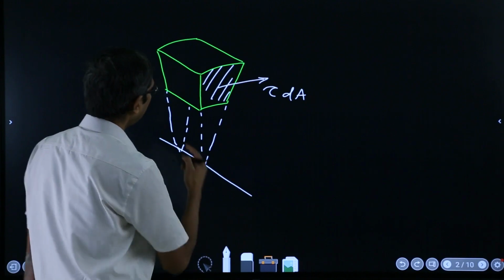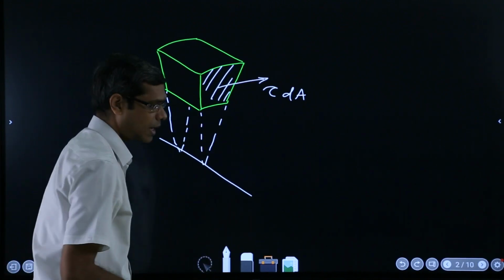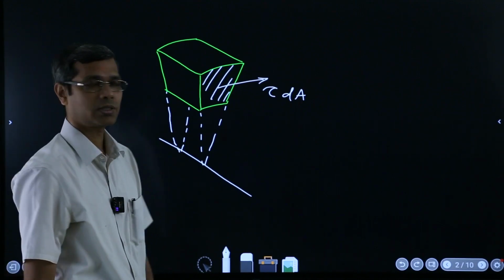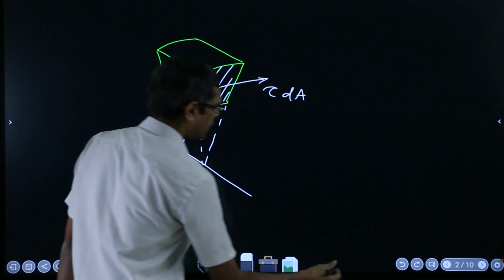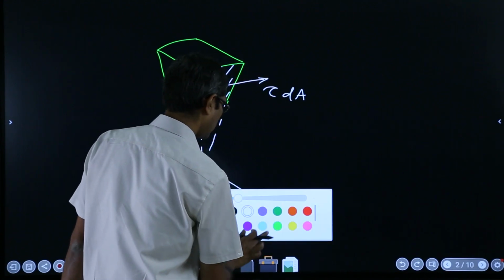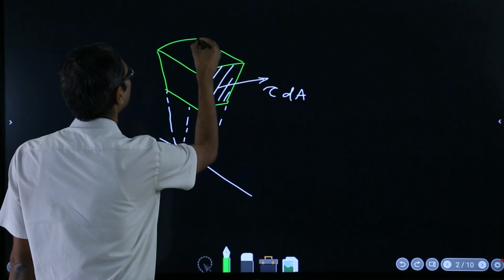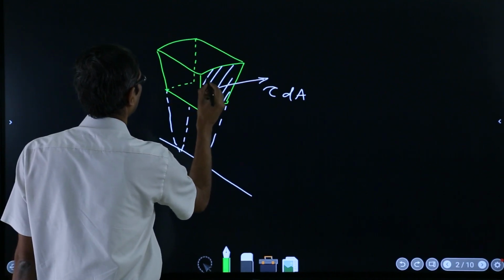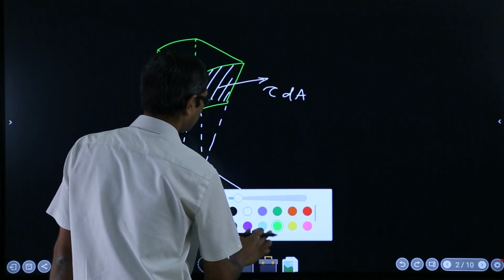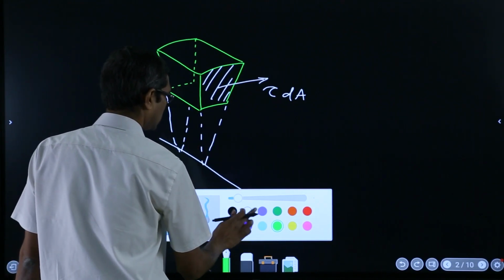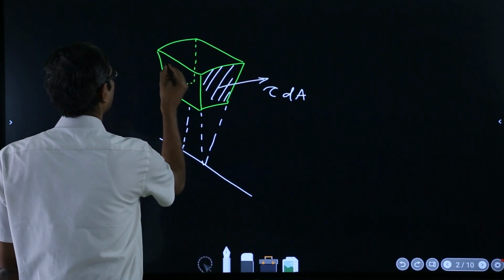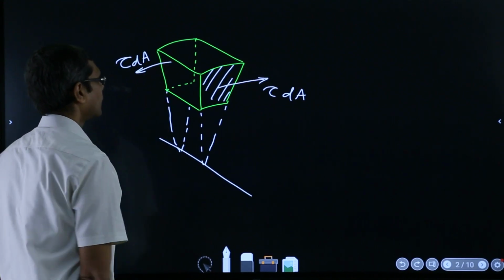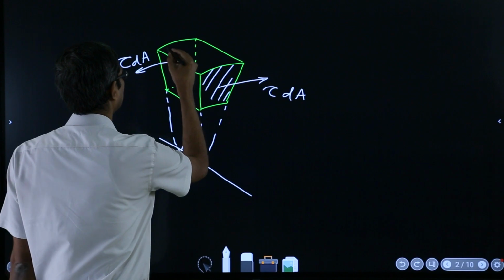As soon as it applies here, we know that the same amount of shear stress is applying also on the other side. I'll use a dotted line here, and the same tau is acting on this surface.